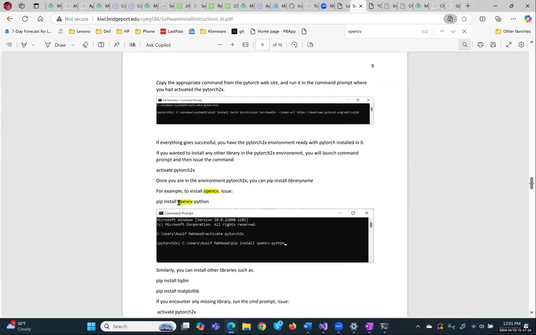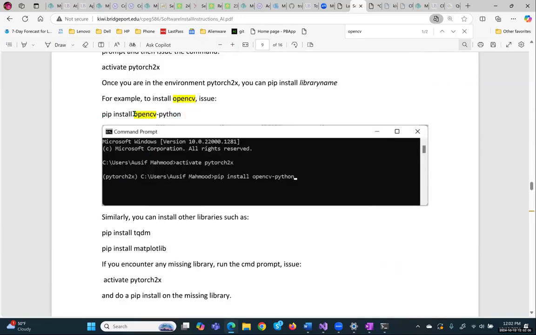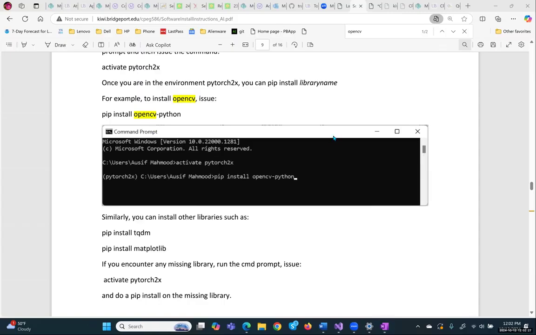Yeah, so you can see pip install. Let me see if I can make it bigger. So pip install opencv-python is just in case you forgot to do that, or down the road we need another library, you will activate that environment, then run the pip install. Then in that environment, it will get installed. So that will be your typical practice to add more libraries as needed.